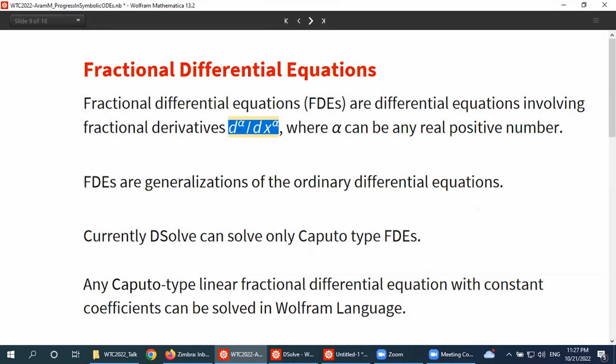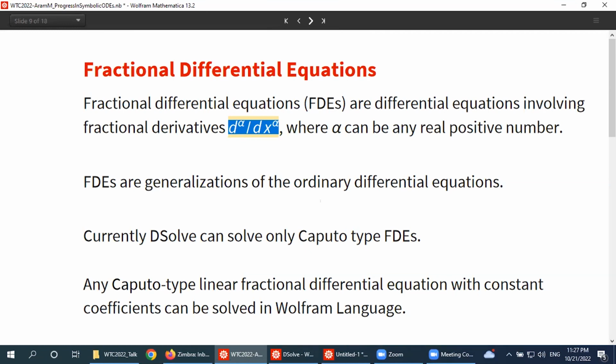As Tigran taught in his talk, in version 14.1, we implemented two definitions of fractional derivatives, the Riemann-Liouville definition, FractionalD, and the Caputo definition, CaputoD. But currently, DSolve can work only with Caputo type fractional differential equations. This is because the Caputo derivative is more similar to integer order derivatives.